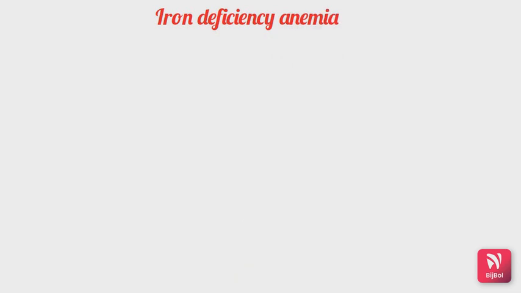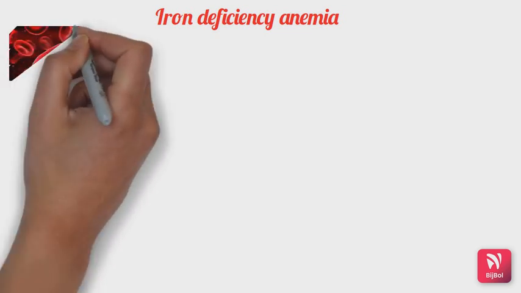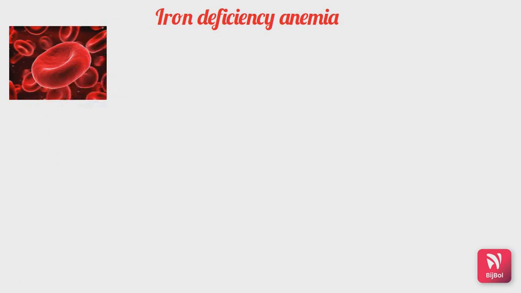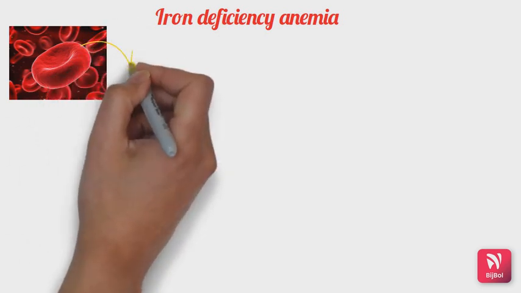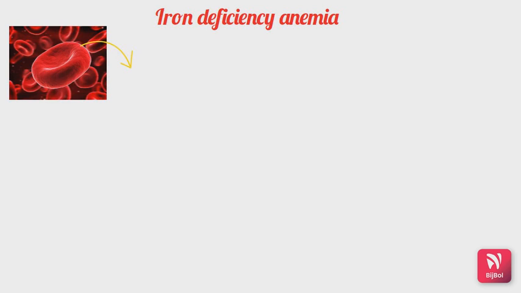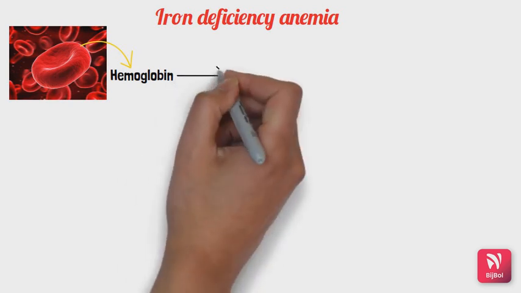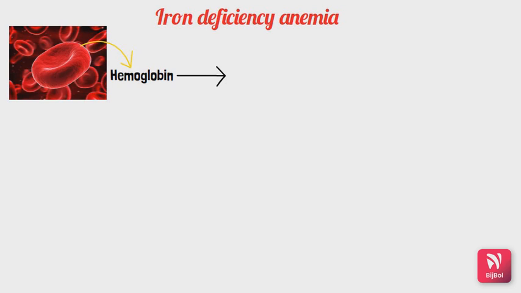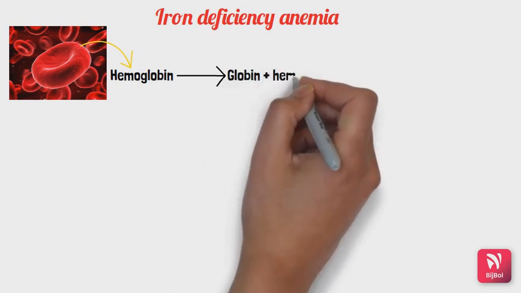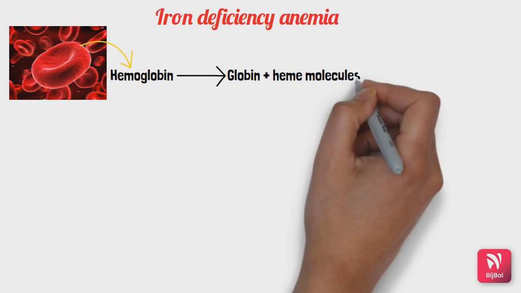Now let's discuss the second topic here, iron deficiency anemia, which is the commonest and the most important type of anemia. As I already told you, RBCs contain a basic protein called hemoglobin, and this hemoglobin is made of globin, which is complexed with the iron protoporphyrin complex, that is called heme.